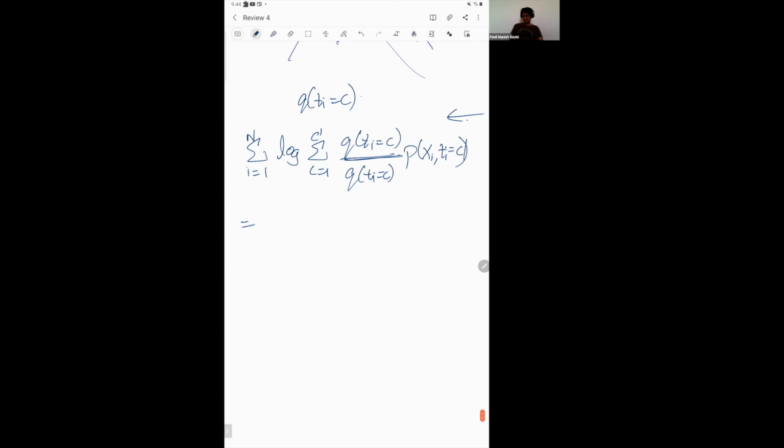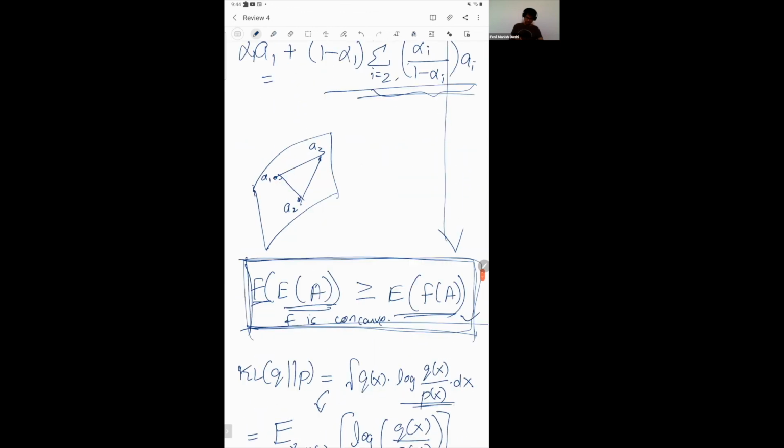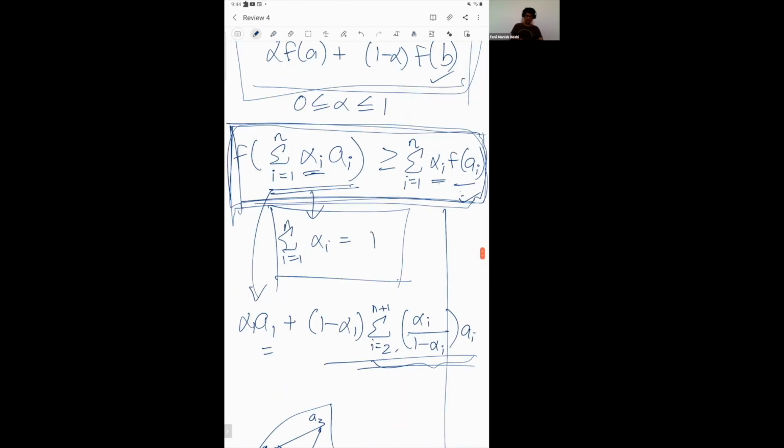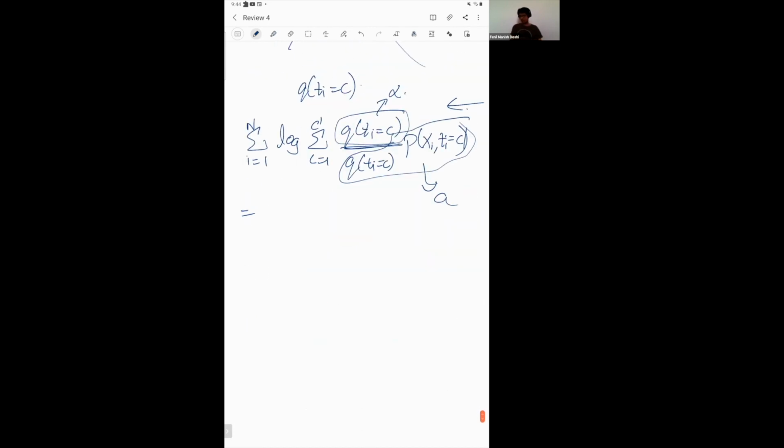Now I'm simply applying Jensen's inequality here. This forms my alpha and this thing forms my a. Remember, summation of alpha i a i is greater than summation of alpha i function of a i.